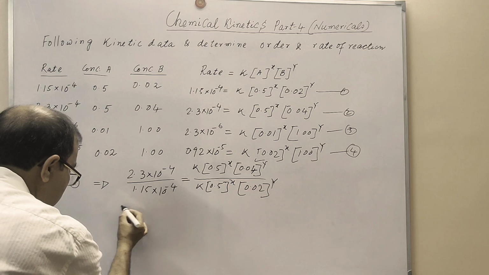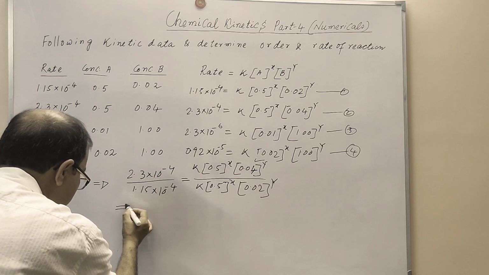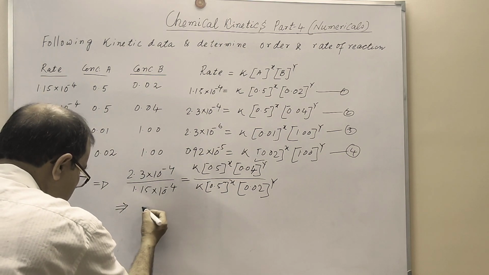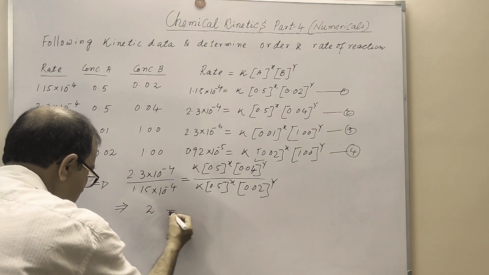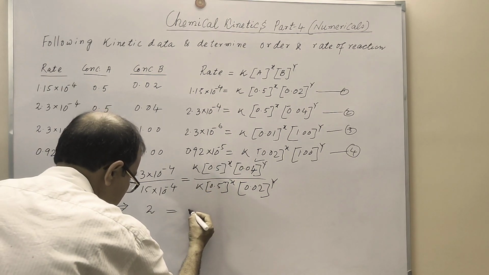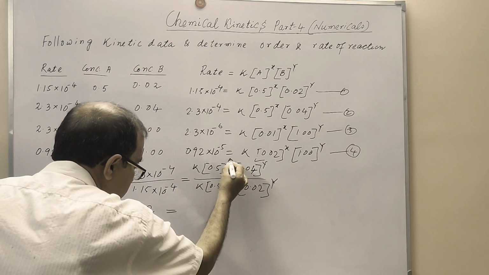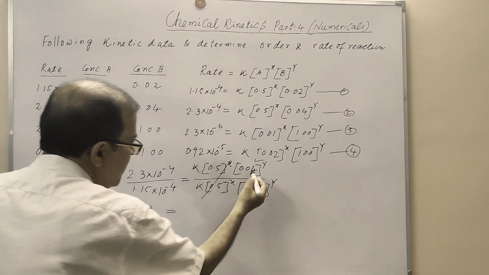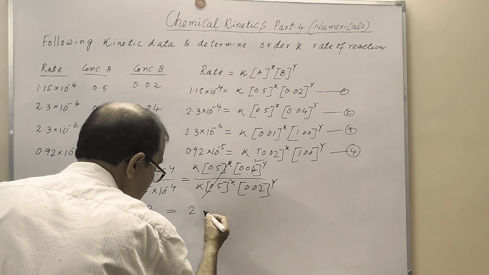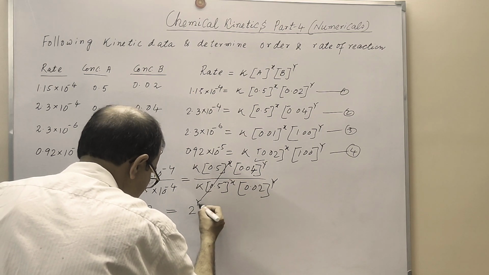Okay, so we can find that if you calculate this it will be 2, and this is cancelled, and it will come to around 2 to the power y.